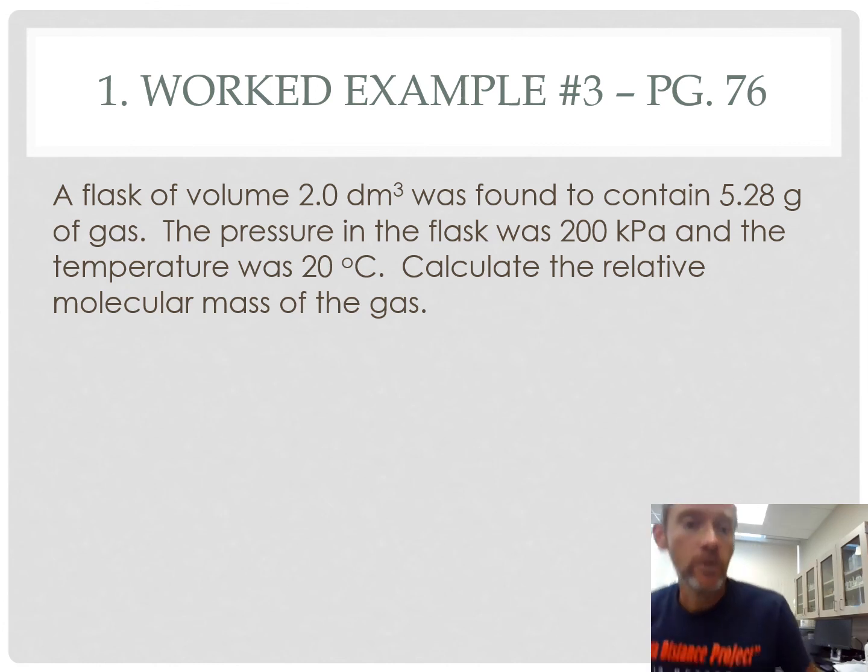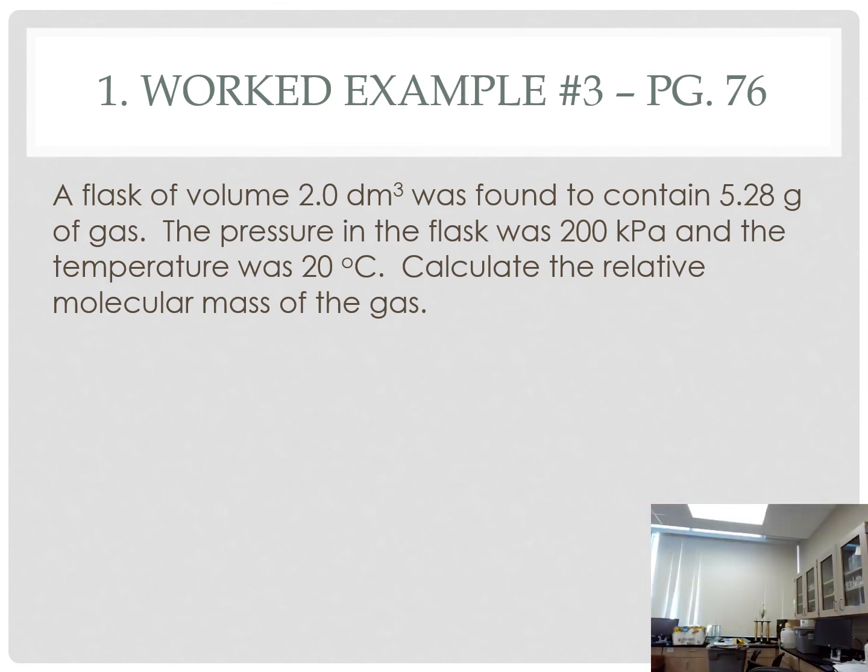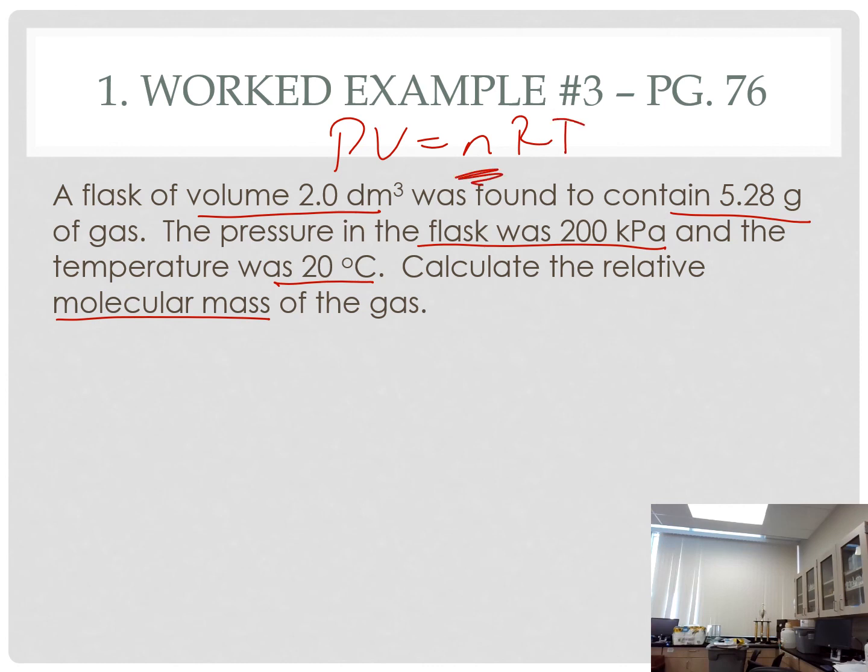All right, so worked example number 3, page 76. We have volume, we have grams of the gas, we have pressure and temperature. Calculate the molecular mass. Okay, so we need PV equals nRT. We need to find the n because we have the mass. So we need to change temperature to Kelvin, so it's 293.